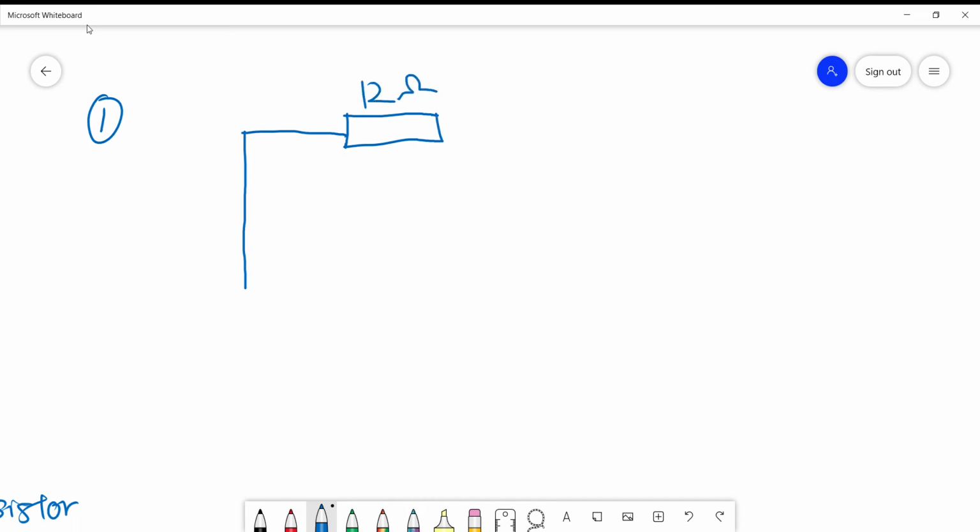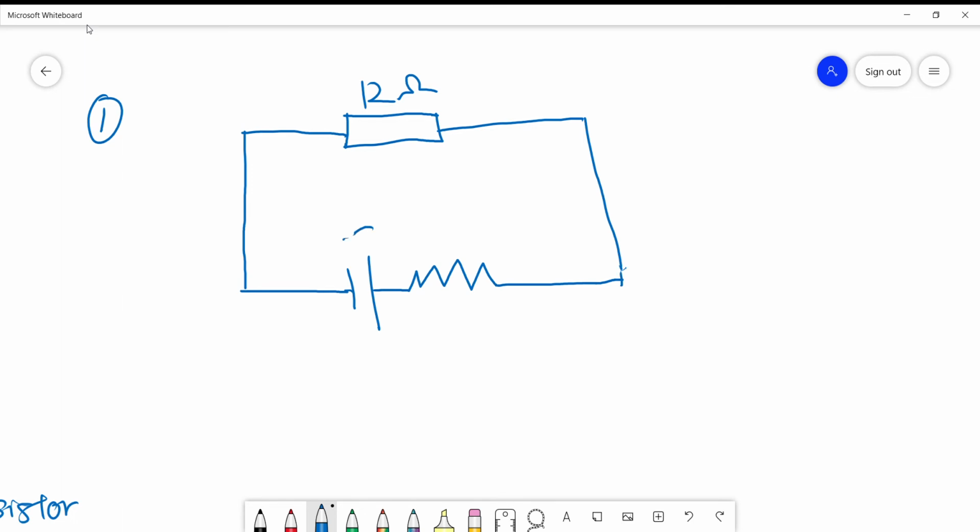This is the battery. This circuit is the same as the circuit that we discussed just now. So this is a series circuit. This is the battery, and this is the current. Let's say the external resistance, which I consider as R1, is 12 ohm.